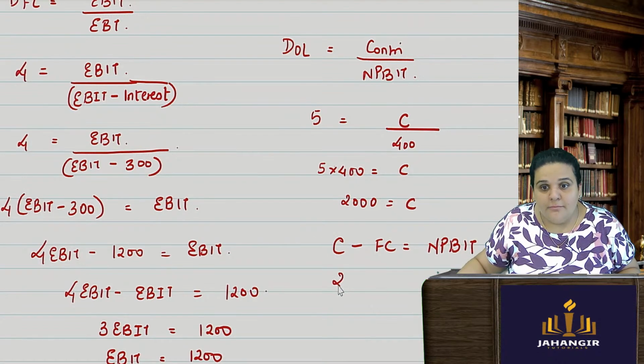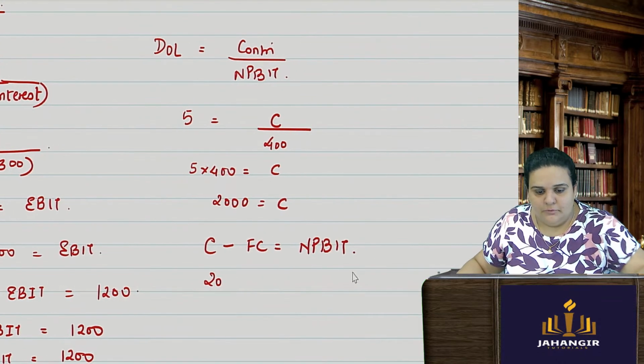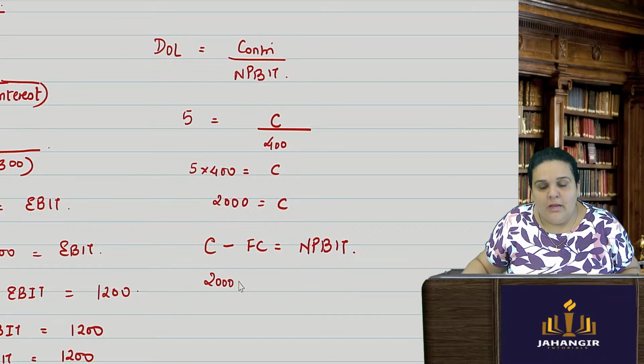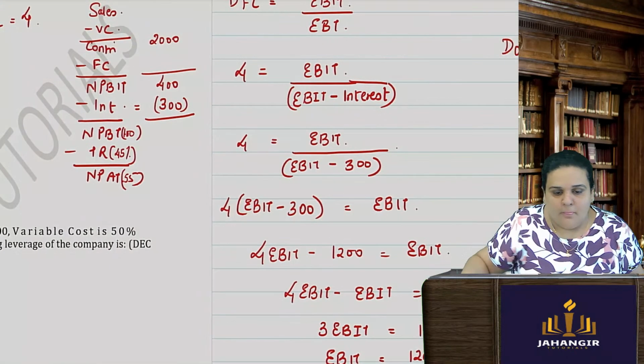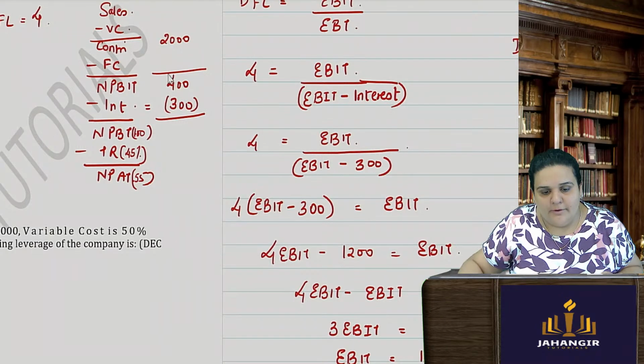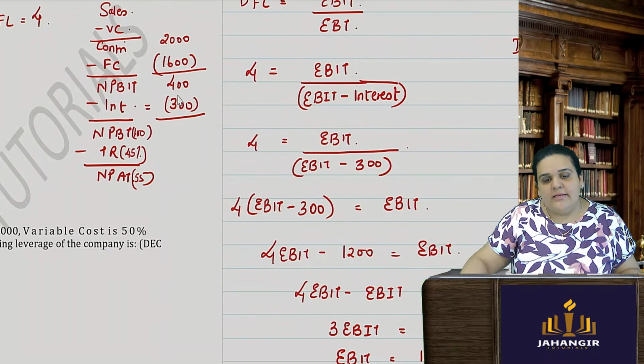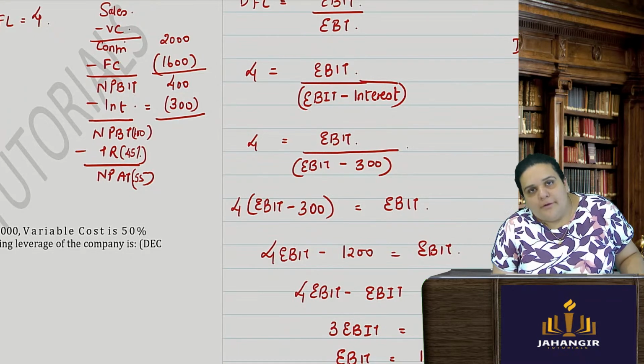I know my contribution, I don't know my fixed cost, and I know my NPBIT, which is 400. So basically my fixed cost will now become 1600 lakhs. So I am going 2000 minus 400 here, 1600 lakhs. Only then I'll get this answer, no? 400.